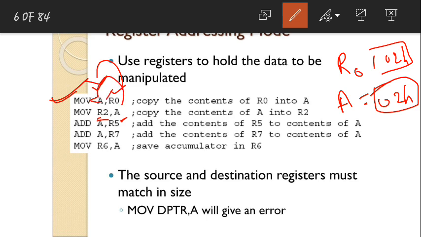That means after execution R2 will be equal to whatever was present in A. For example, we will consider the same thing. See, in A we have 02. I assumed A has 02. So now after execution of the second line, R2 will be equal to 02H. So R2 will contain 02H.